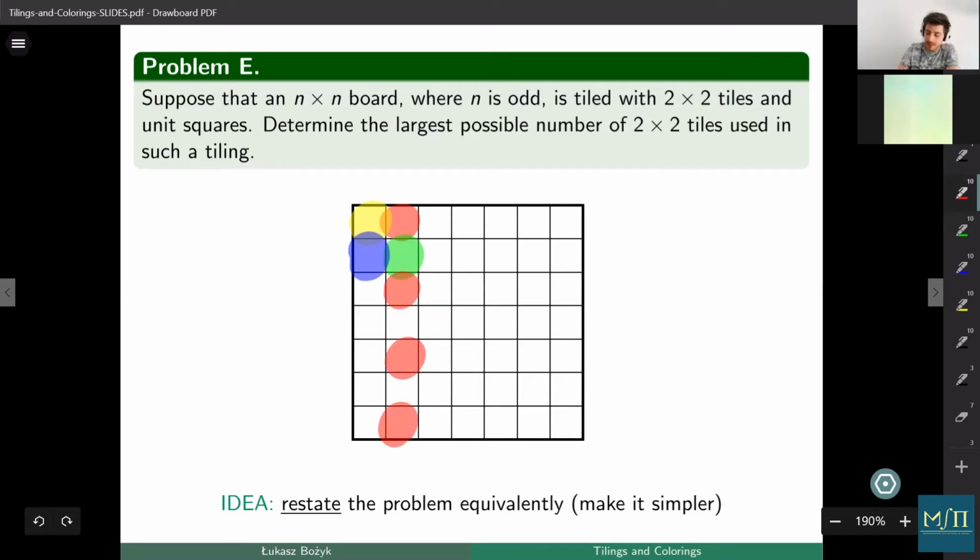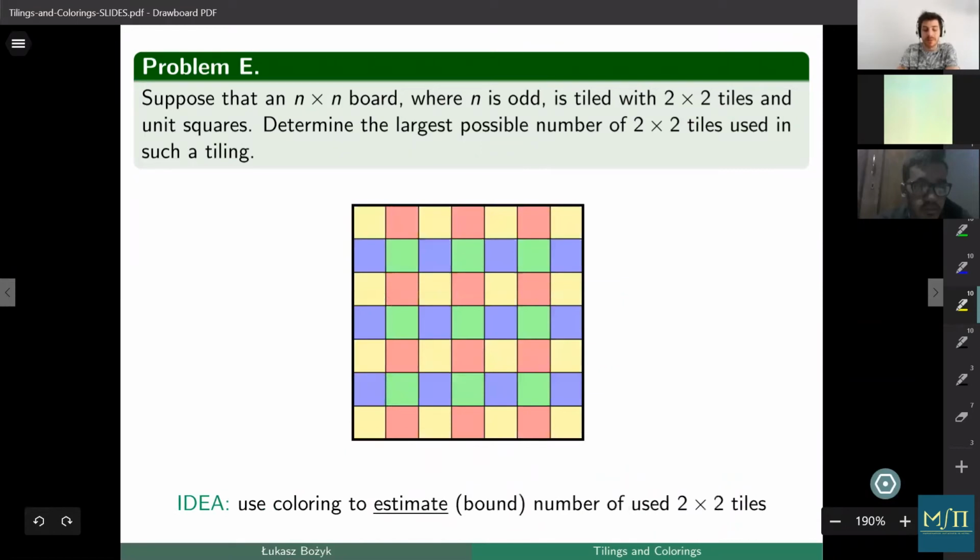So what we get is a picture like this, and analogously we can shift horizontally. Let me just show you what we obtained. This is a coloring of this square, but it can be extended to a coloring of the entire plane with the nice property that every 2 by 2 square has 4 cells of pairwise different colors.